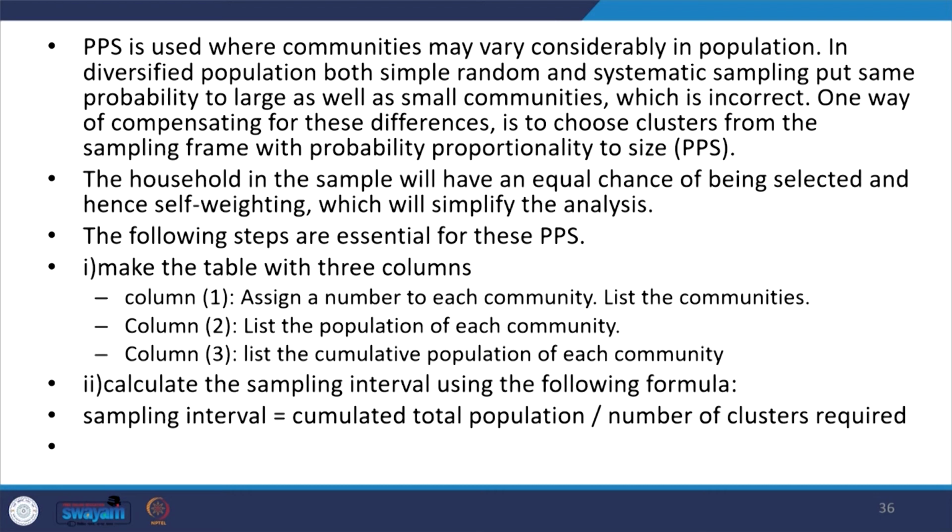One way of compensating for these differences is to choose the clusters from the sampling frame with the probability proportional to size sampling technique. The households in the sample will have an equal chance of being selected and hence be self-weighted, which will simplify the analysis. In this case I suggest that you follow the NFHS report, which has guided how you can go about following the PPS techniques.